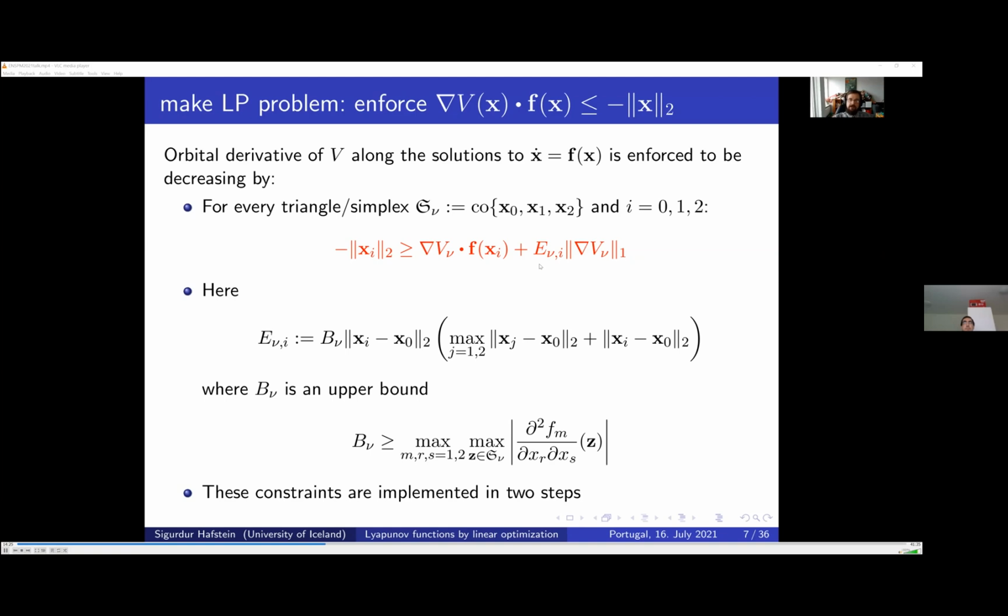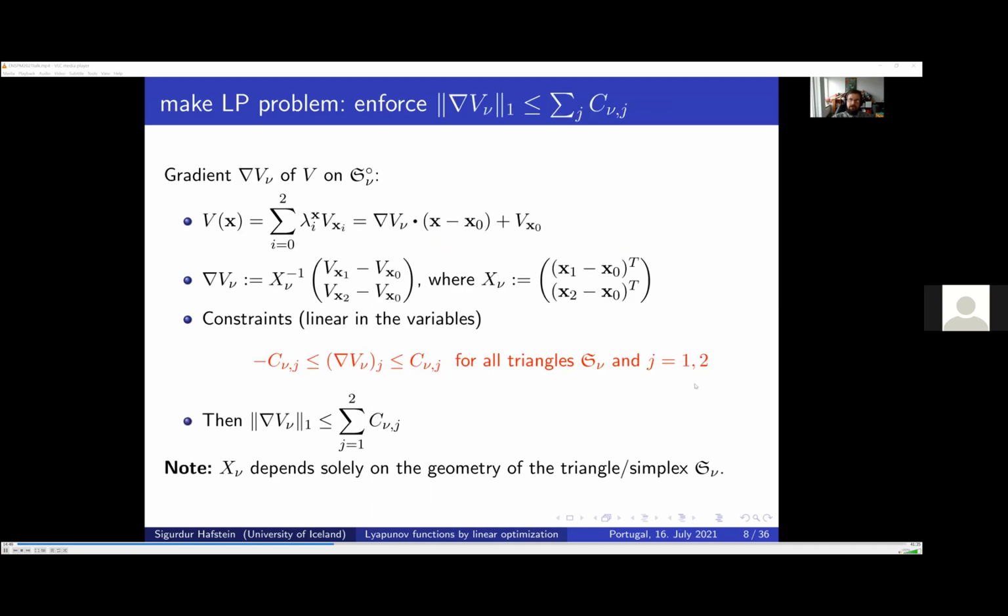And this quantity here, E_nu,i, is defined as B_nu, which is an upper bound on the second order derivatives of the components of f, and then times something that only depends on the simplex nu. And this is then implemented in two steps, these linear constraints.